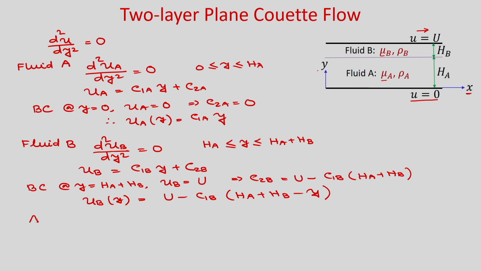Okay. So, now at the interface, we will apply the interface condition. At the interface you know that velocity is continuous, velocity will be same, and the shear stress is continuous.